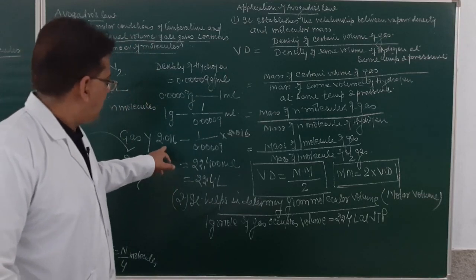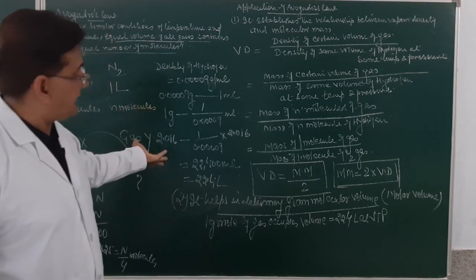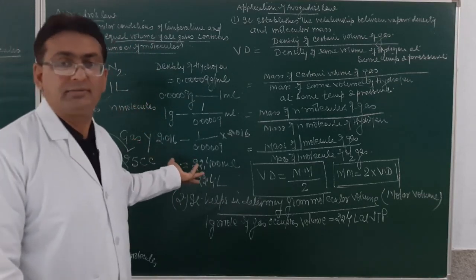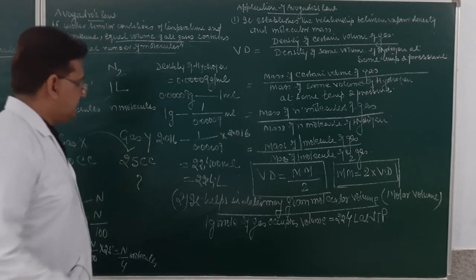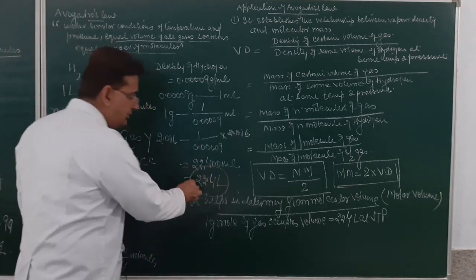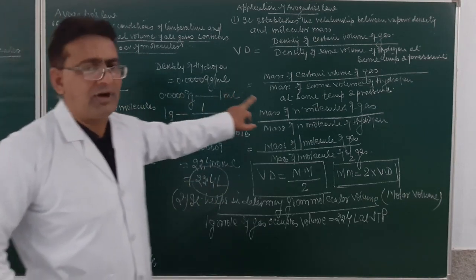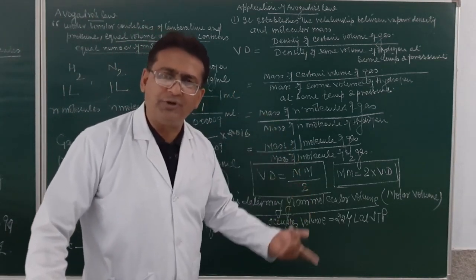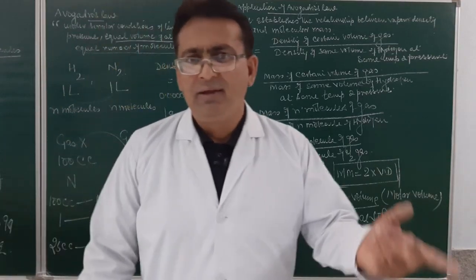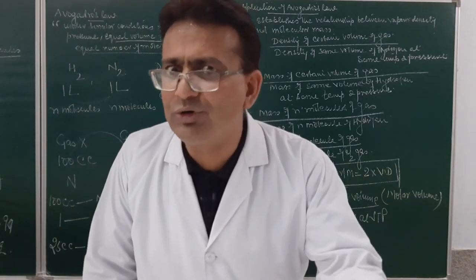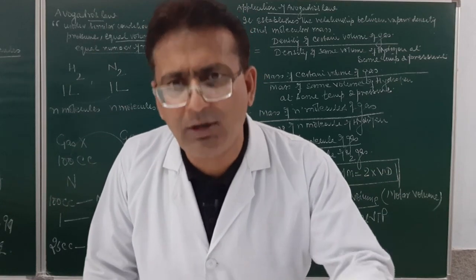Now, you must be thinking, sir, where is the application of Avogadro's law over here? This will be the volume occupied by the gram molecular mass of a gas. Gram molecular mass of a gas contains how many molecules? 6.02 into 10 raised to power 23 molecules. And 6.02 into 10 raised to power 23 molecules is equal to how many moles? 1 mole.